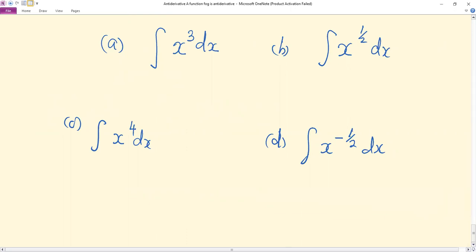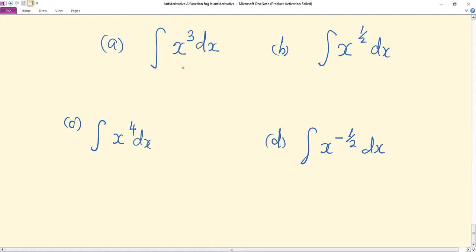For the next problem, we'll do the same: add 1 to that half, then divide by the new power, then add a constant of integration, similarly for problems C and D.